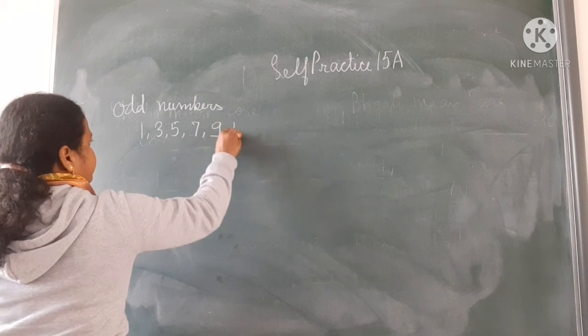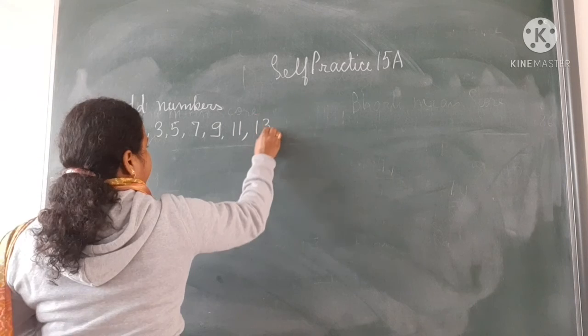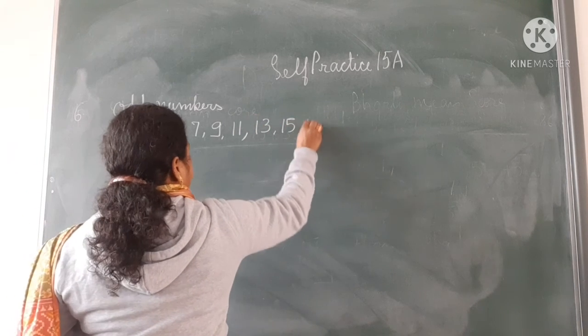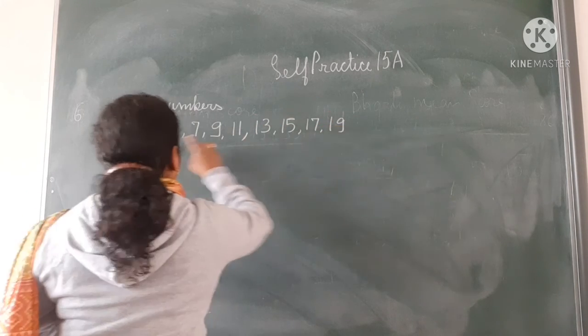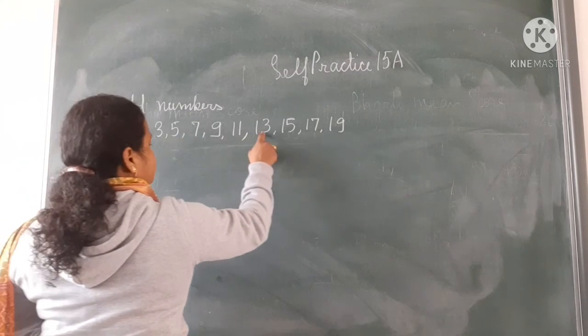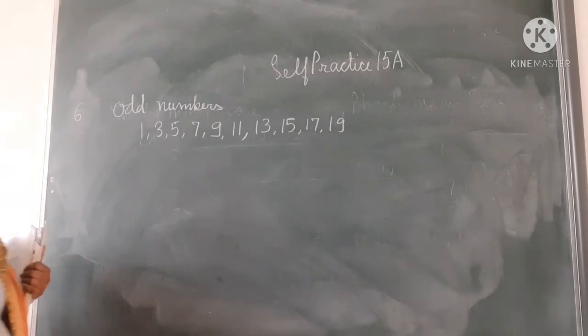7, 9, 11, 13, 15, 17, 19. In total 10 numbers are there.